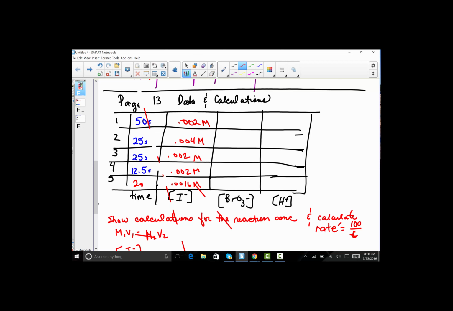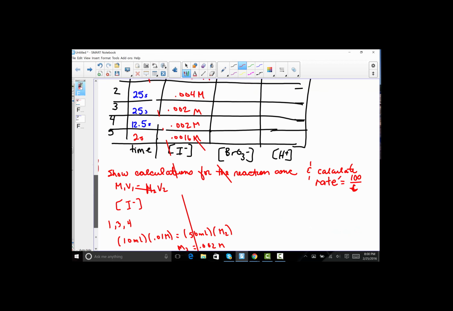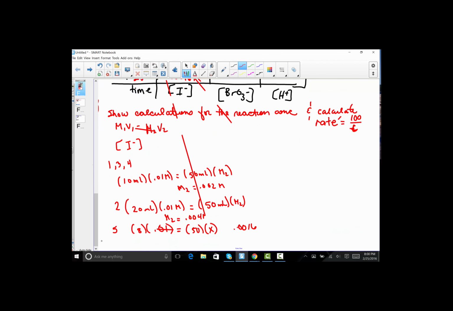Alrighty. So again, let's work through the common data for the next ingredient. The next ingredient is bromate. We have to show our work of how we did MV equals MV. Now the original concentration of bromate, KBrO3, if you look back into your data table, was 0.04 molar.